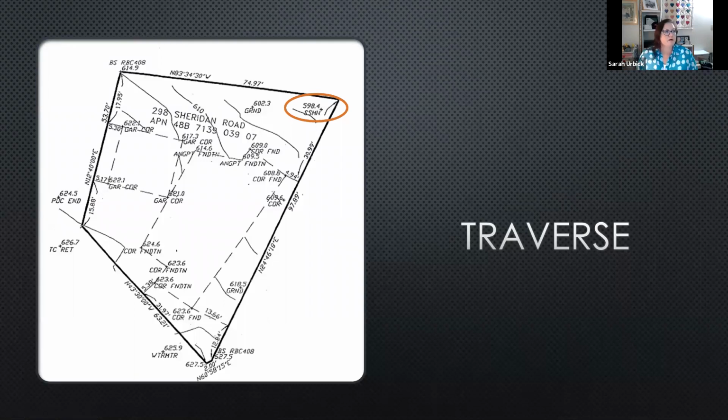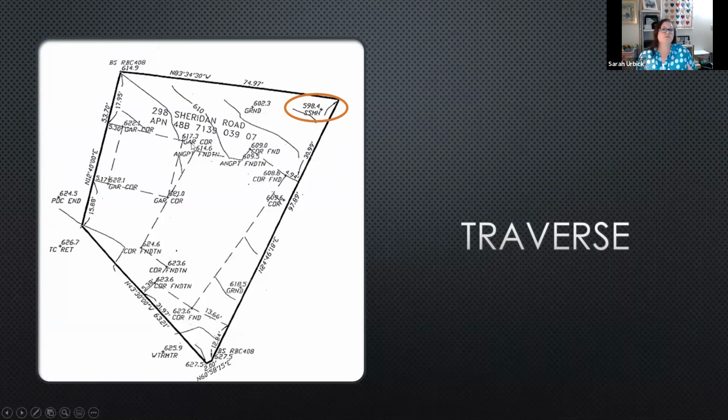We also get a lot of additional information off of this parcel map, this property survey. These little plus signs that you see, here I've got one circled, 598.4. Here's another one, 602.3, the little plus sign, and then a note, GRND, SSMH, 617.3, GARCOR.